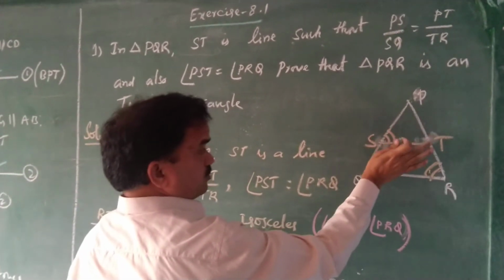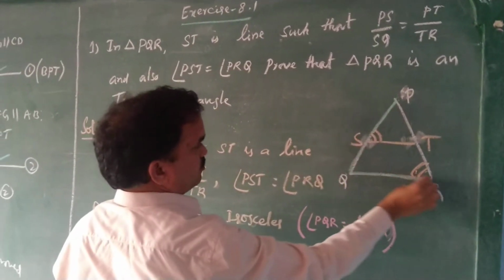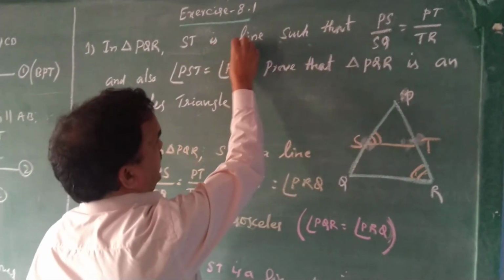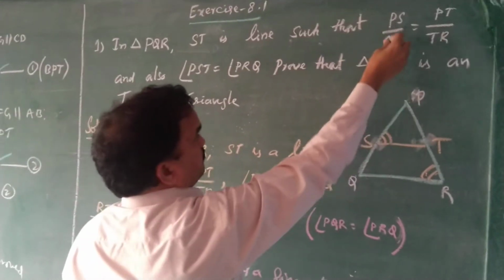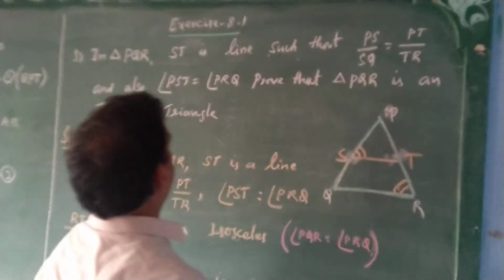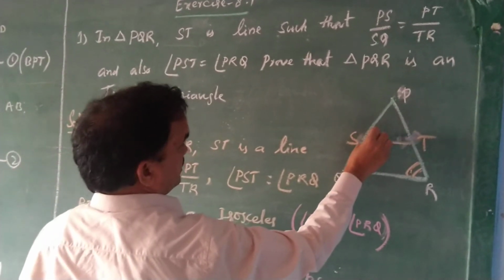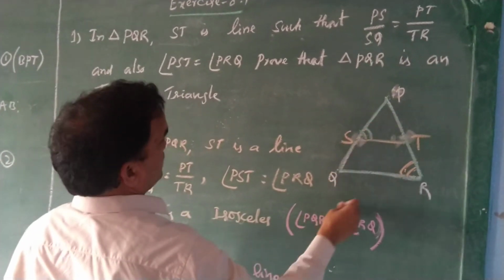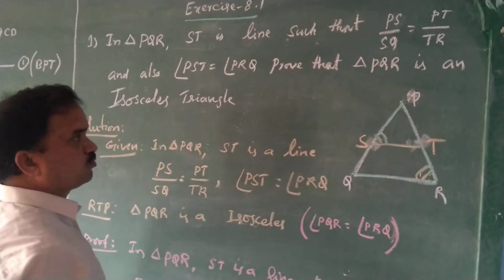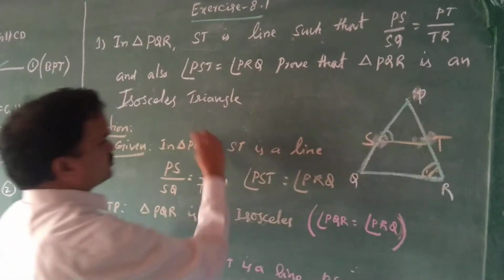You have to draw the whole diagram: triangle PQR, and draw the line ST. Angle PST is equal to angle PRQ. Prove that triangle PQR is an isosceles triangle.